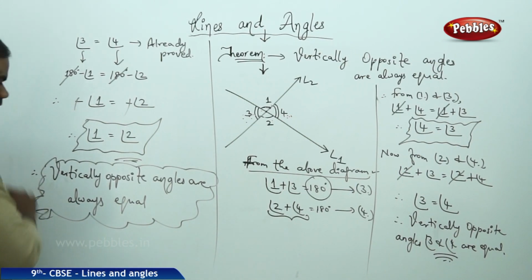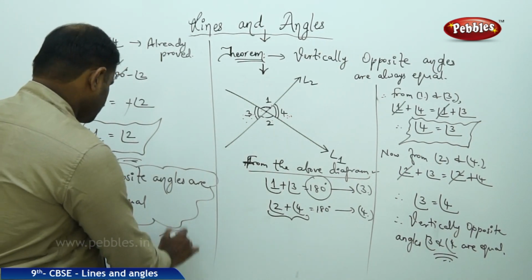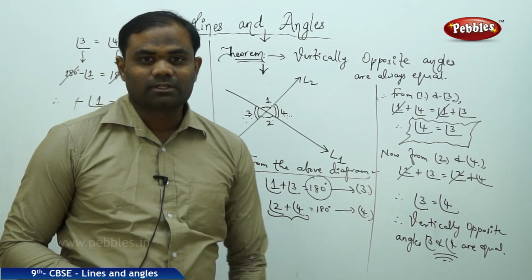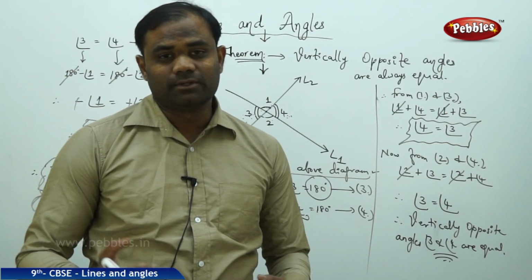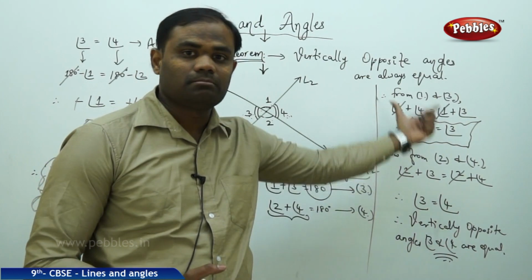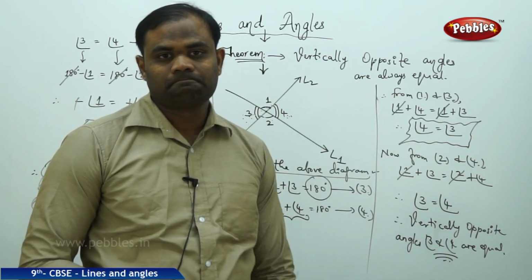This is how we conclude the property. Vertically opposite angles are always equal. It's universally true, as proved mathematically here.